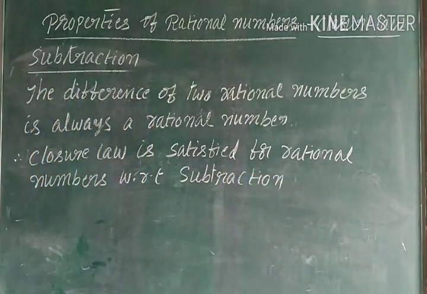So, properties of rational numbers: closure law is satisfied for rational numbers with respect to addition and subtraction.